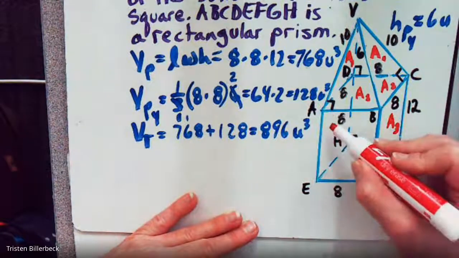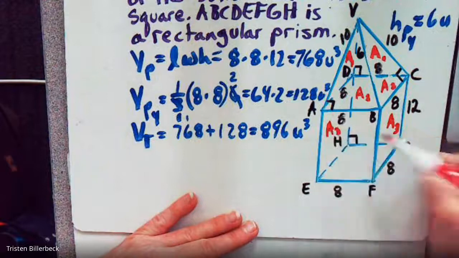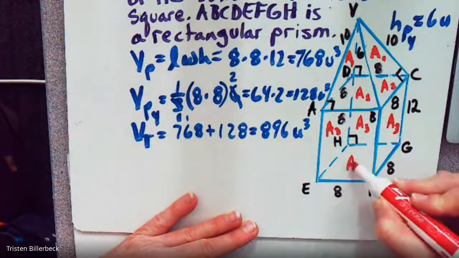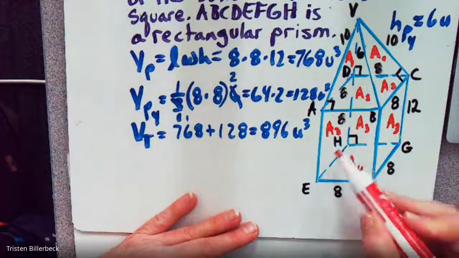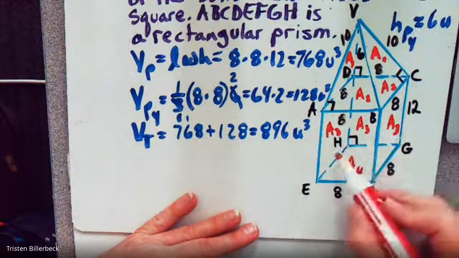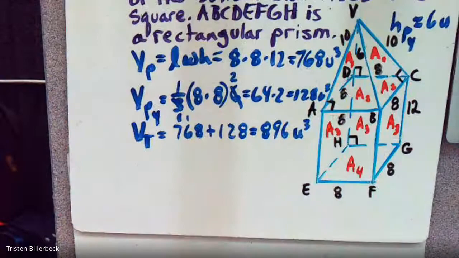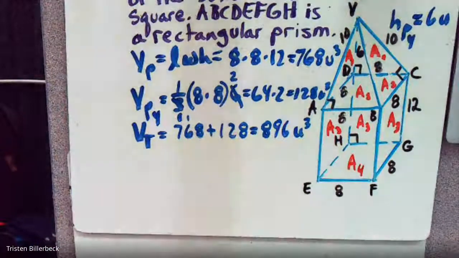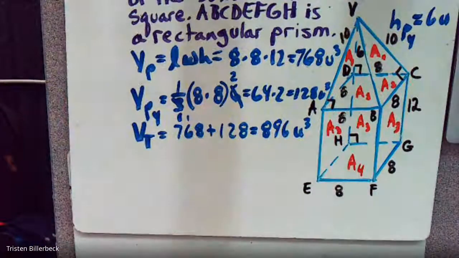A3, A3, that's also A3. Okay, A3 is back here. And then A4. Okay, and we have another A3 right here as well. So this front surface here is A3 as well. So there's 4 A3s. So let's look at how we can do this.